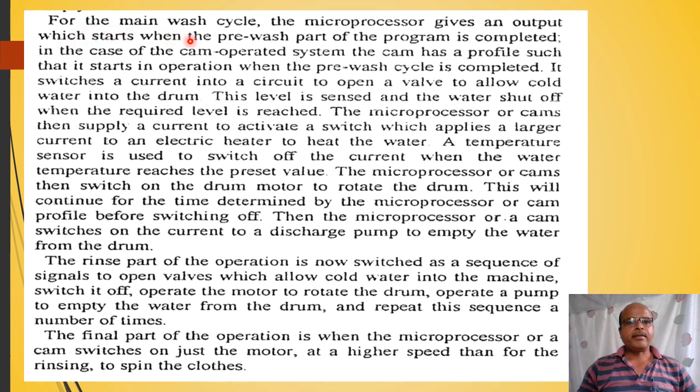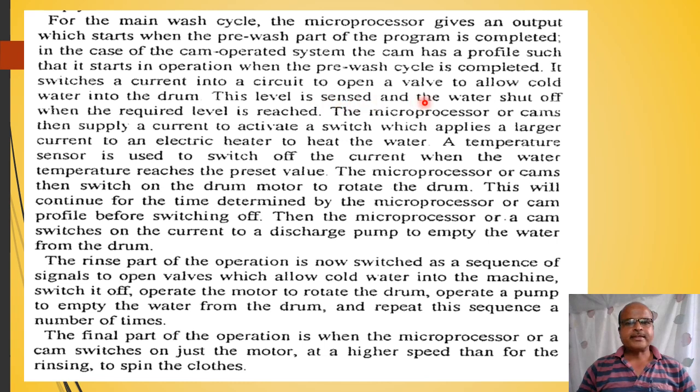For the main wash cycle, the microprocessor gives an output which starts when the pre-wash part of the program is completed. So in case of a cam operated system, the cam has a profile such that it starts operation when the pre-wash cycle is completed. It switches the current into a circuit to open a valve to allow cold water into the drum.